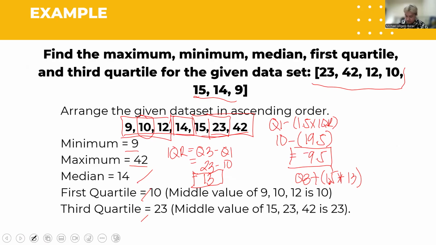So we have 23 plus 1.5 times 13, which is 19.5. You get 42.5, and any value greater than 42.5 is considered an outlier.